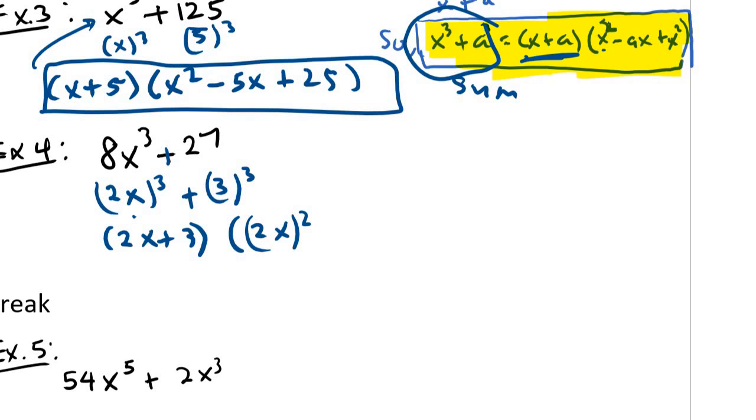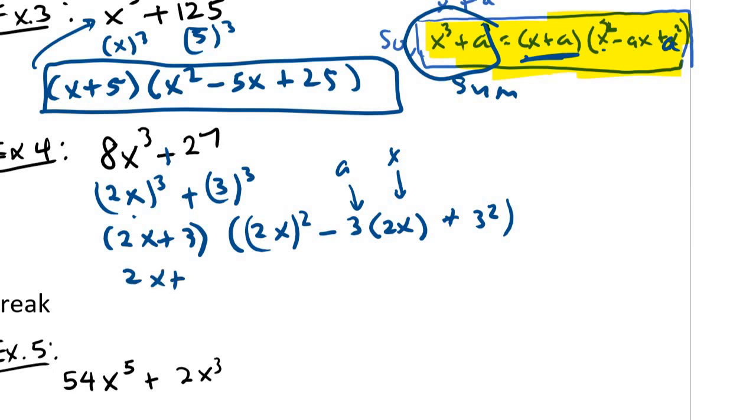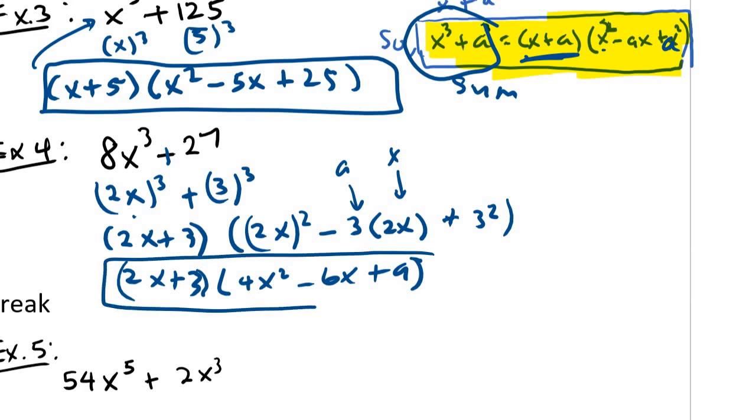Then minus ax, so minus 3 times 2x. This is like my a, and this is like my x. And then plus a squared. The 3 is like my a, so plus 3 squared. I just need to simplify this. So it will be 2x plus 3, and then 4x squared minus 6x plus 9. And that's the factored form for that.